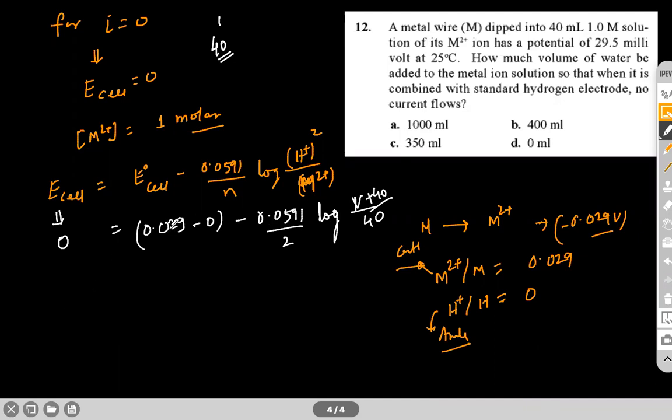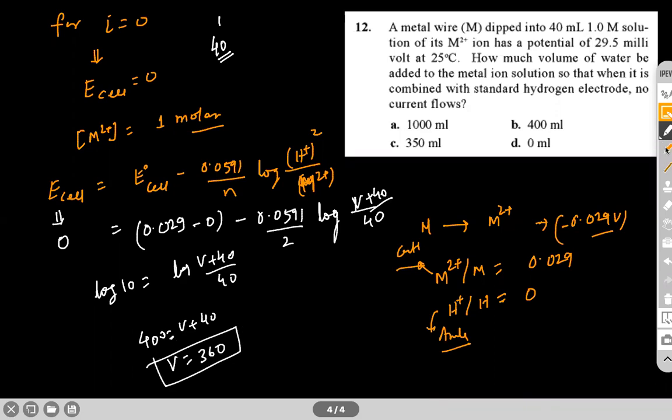Almost, if I take this 0.03, so this side it is 1, so log 10 is equal to log of V plus 40 by 40. So 400 is equal to V plus 40, right? So V is around 360 we are getting. The closest value is 350 because of the approximation we have made.